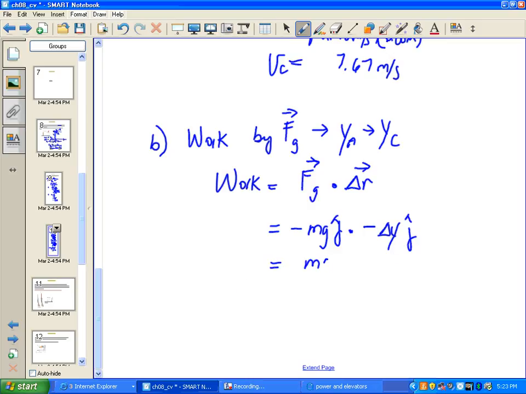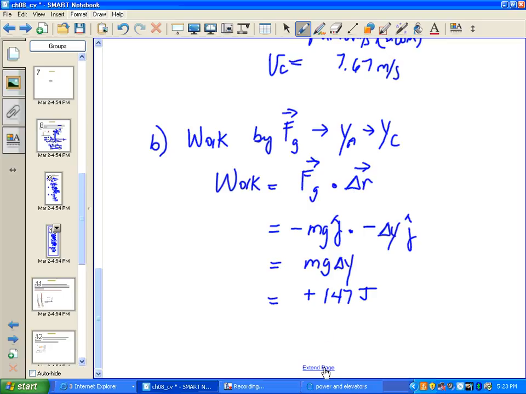And so the work is mg delta y, which should equal, once we plug in our numbers, positive 147 joules of work.